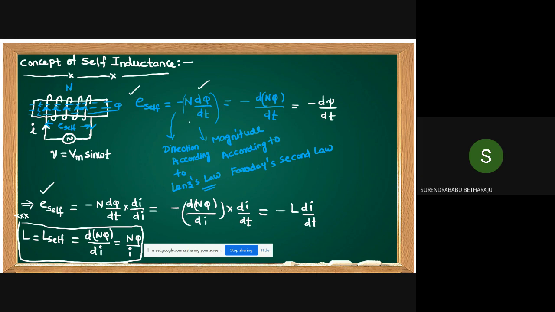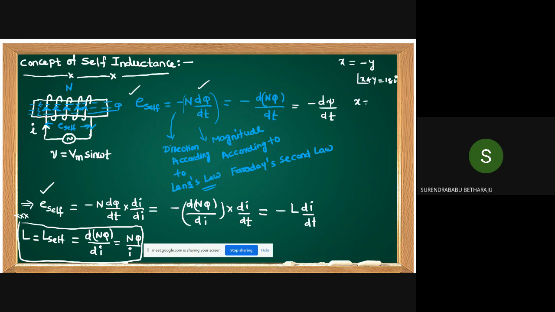Very important. Here, induced EMF is not directly opposing the flux. It is opposing the rate of change of flux. If one quantity opposes the rate of change of another quantity, then the angle between those two quantities is 90 degrees. If x equals minus y, what is the angle between x and y? 180 degrees.